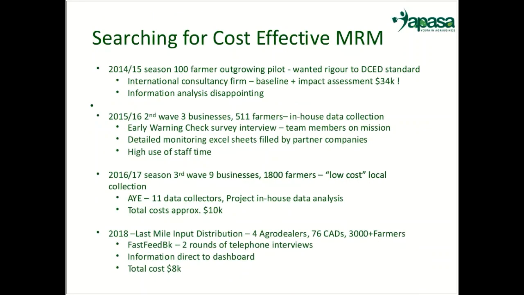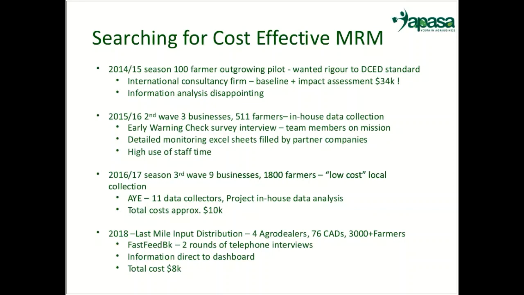Okay, so searching for cost-effective MRM. Just a brief history of one of our interventions. We had work going on in soya outgrowing schemes, youth-inclusive outgrowing schemes. In the 2014-15 season, we had 100 farmer outgrowing pilots, and we were very keen to do a rigorous impact assessment.